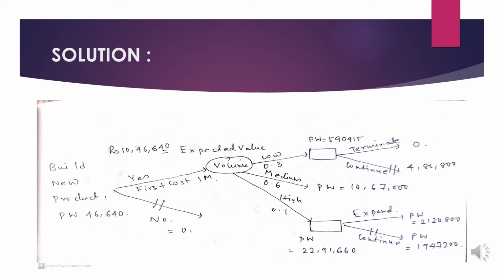That means the low volume termination should be done, the medium volume should be kept continued, and for the high volume the continuation part should be pruned but the expansion part should be continued. Keeping this in mind, the organization should earn at the end of 8 years a profit of 46,640. This is the solution for this complex decision tree.